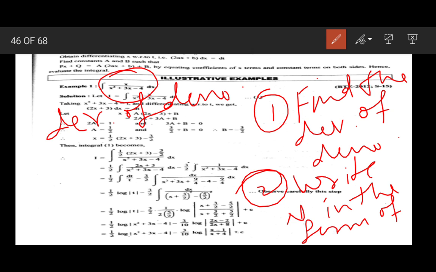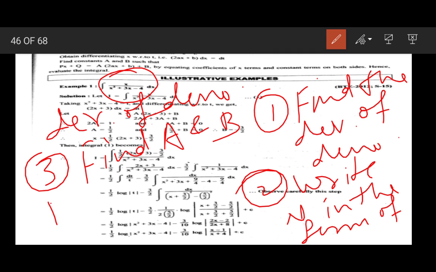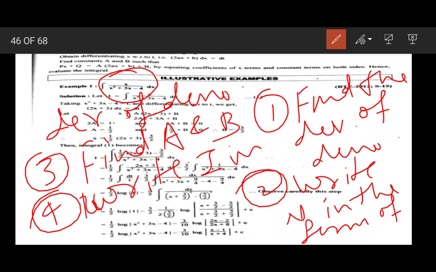Okay, then third step is find constant A and B. Okay, then fourth step, rewrite I in new form of numerator. New form means in form of capital A and B. Okay, and then split A and B and then integrate both the terms by using the proper integration formula.